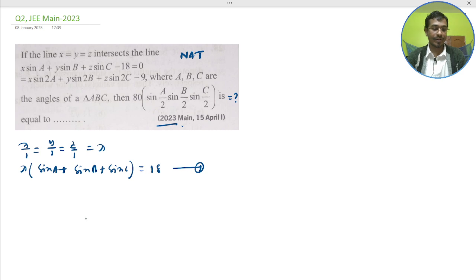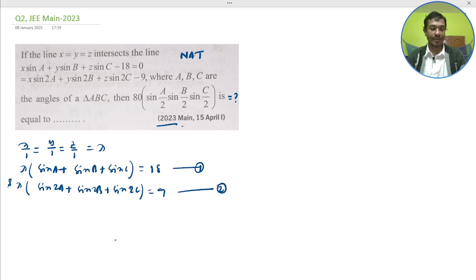This is equation number 1. And also it intersects, that lambda into sin 2A plus sin 2B plus sin 2C is equal to 9. This is equation number 2.